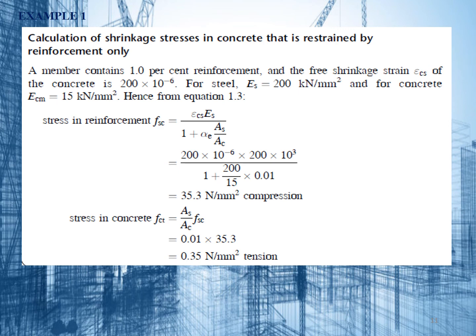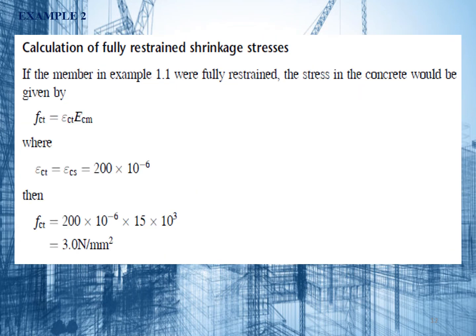We can convert to the equation like this. FSC, 35.3, what we have. Then we can calculate the modulus of elasticity plus stress tension in concrete, 0.35 Newton per millimeter square tension in concrete. FCT is the tensile stress applicable when concrete is partially restrained by the reinforcement. The amount is actually negligible. And concrete area is AC, and the FSC means compressive stress in steel.